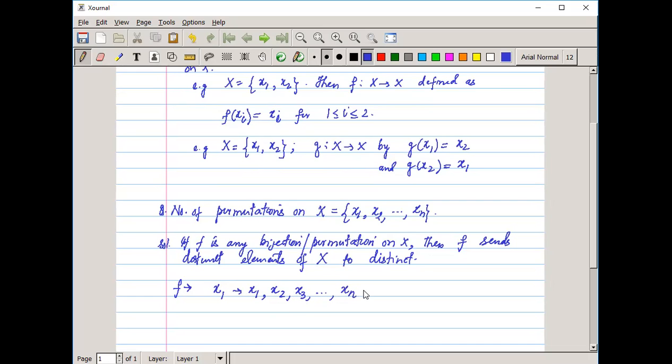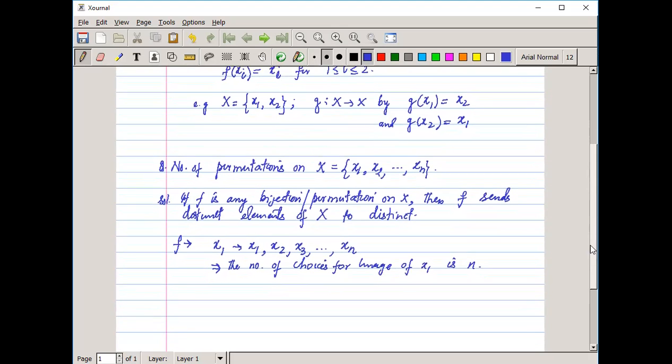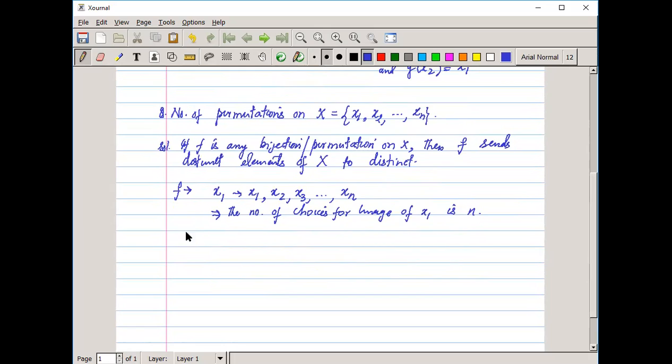The image of x1 could be anything in the set {x1, x2, ..., xn}. So this implies the number of choices for the image of x1 is n. So therefore x1 has n choices as its image.